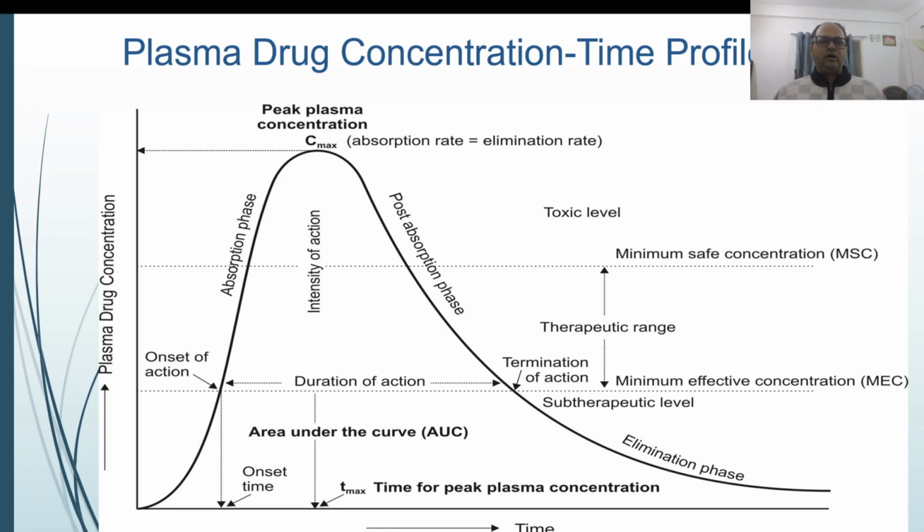So this plot is just like a mountain. So it is having three types of phases. One is absorption phase, next is post-absorption phase and elimination phase. So when absorption rate is equal to elimination rate, the point is called as peak plasma concentration and it is represented as Cmax.